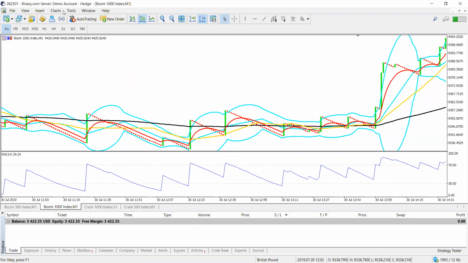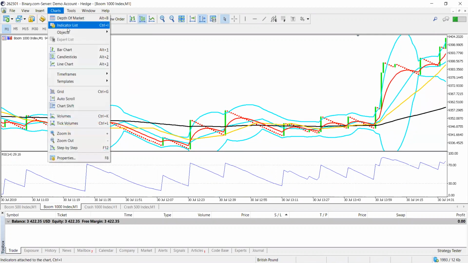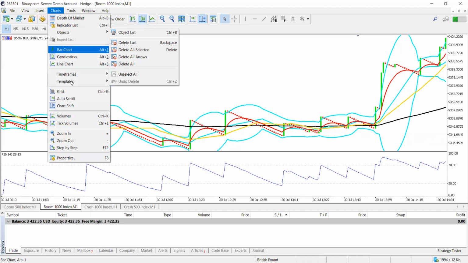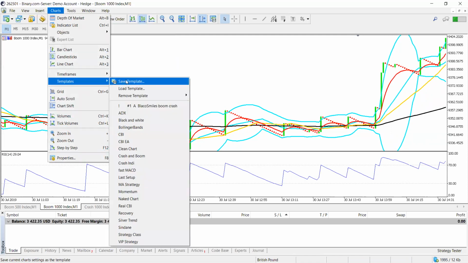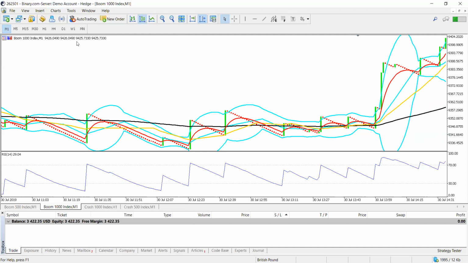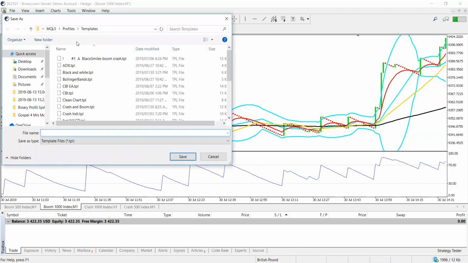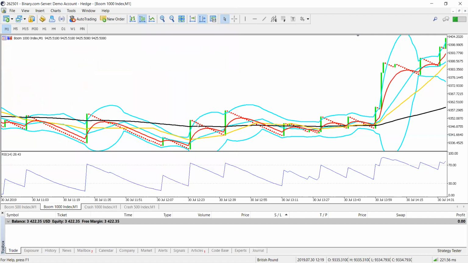So you can save the chart, save the template, $1,000 strategy. So we put this on every chart now.